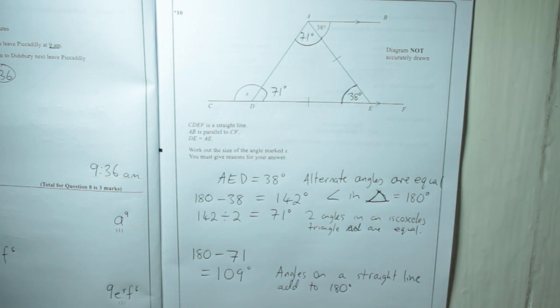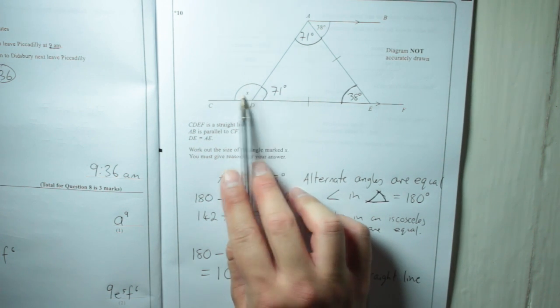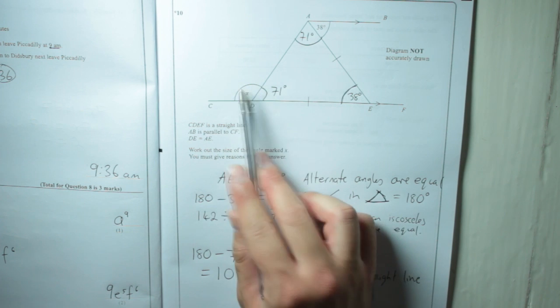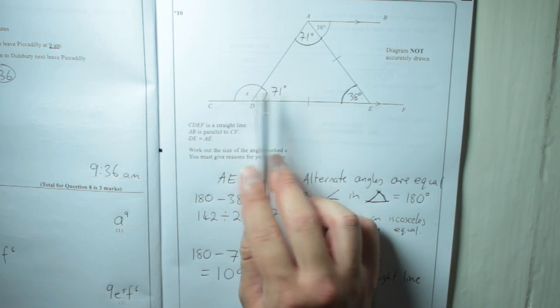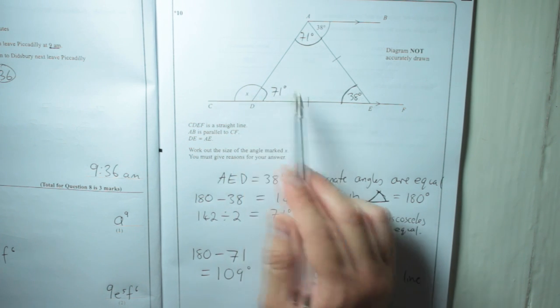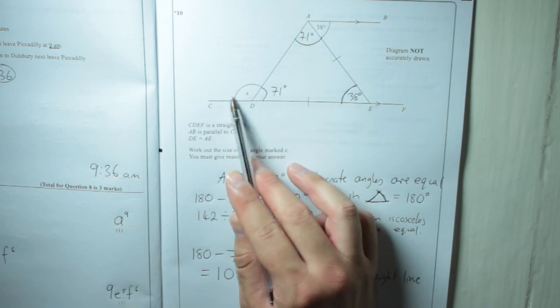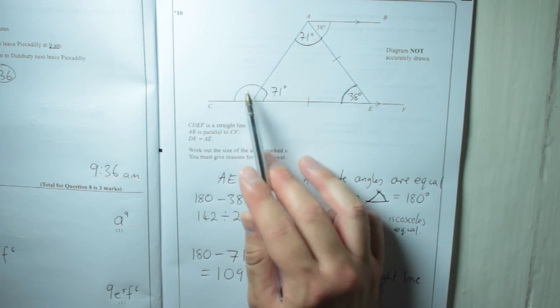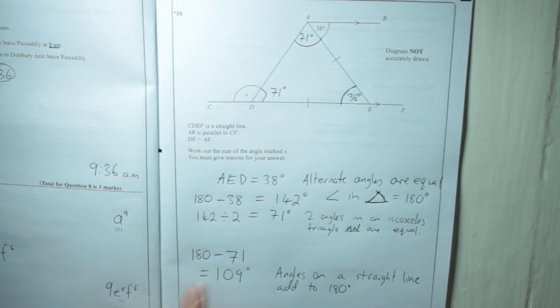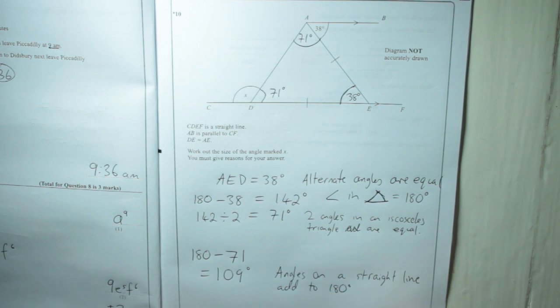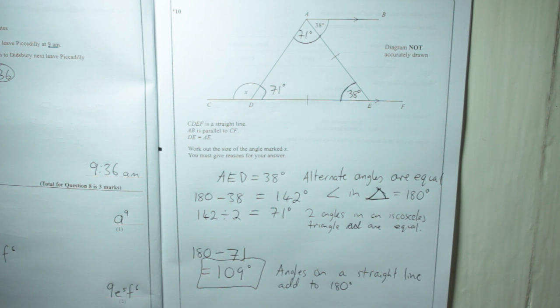They're also known as adjacent angles. So you could write adjacent angles add up to 180 degrees. But if you don't want to remember the term adjacent, just remember angles on a straight line add up to 180 degrees. There's our reason. So 109 degrees. There we go. And if you write that, you'll get the marks.